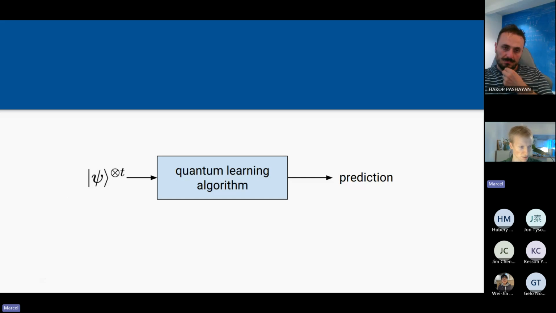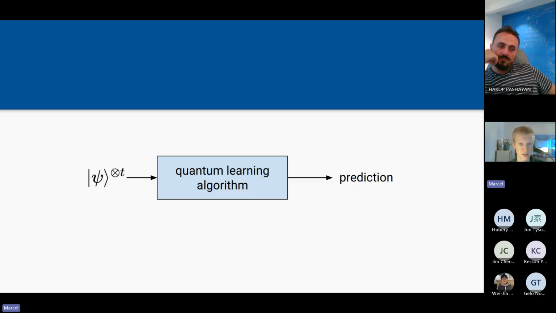And what this algorithm is going to do is apply some measurements on the copies of psi and collect some classical data this way. Basically, you're extracting information about the state psi copy by copy. And then you can classically process this data in whatever way you want in order to come up with some prediction about whether the state psi is a stabilizer state or not. That's how you should think about how these problems and algorithms for these problems work.